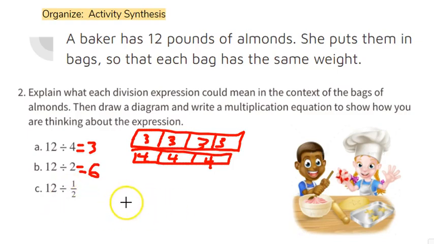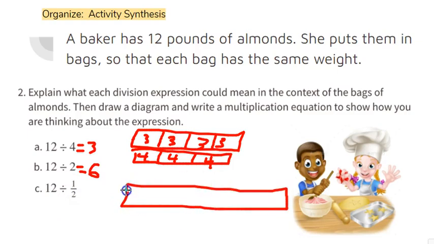What about here? What's 12 divided by 1/2? Well, this 1/2 is trying to see how many 1/2s you can get out of 12. There's 1 and another 1, so that makes 1 whole.